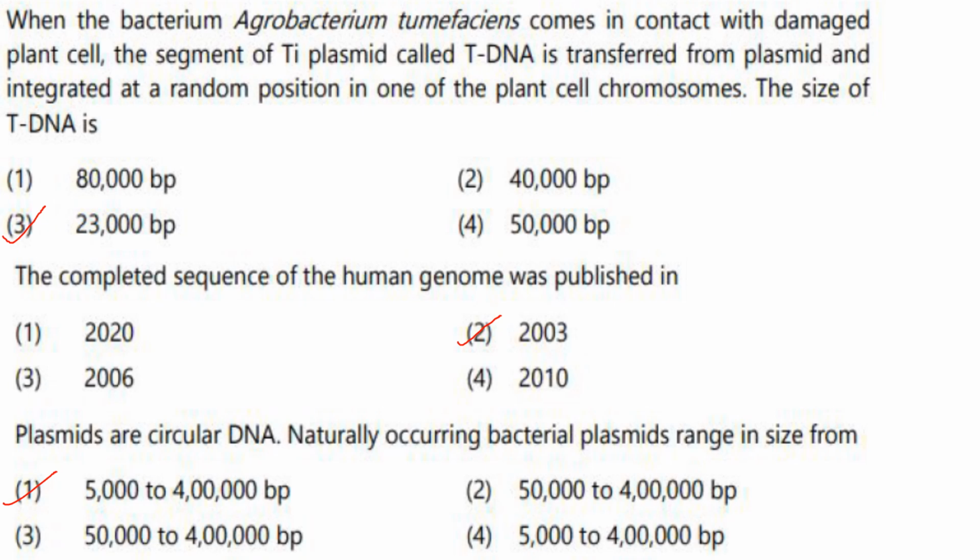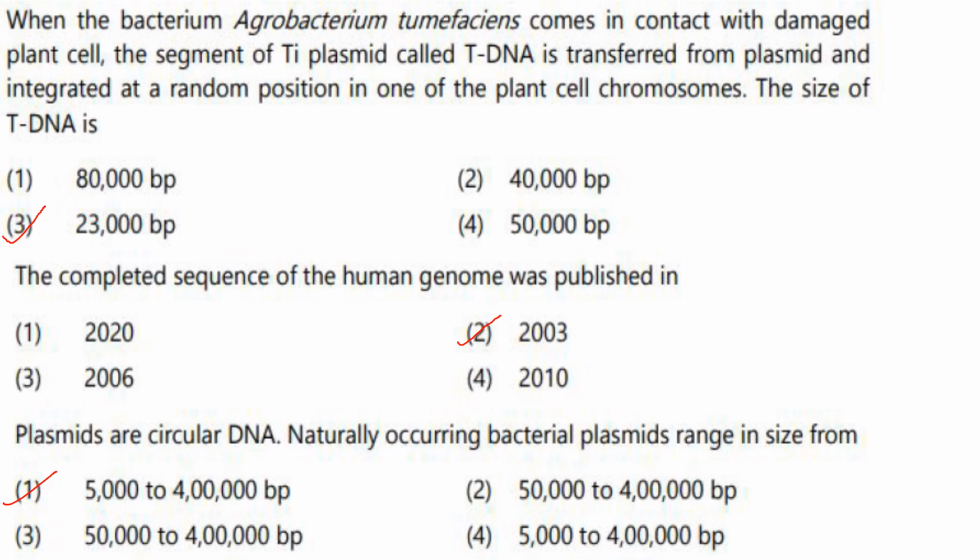Then next one. When the bacterium Agrobacterium tumefaciens comes in contact with a damaged plant cell, the segment of Ti plasmid called tDNA is transferred from the plasmid and integrated at a random position in one of the plant cell chromosomes. Agrobacterium tumefaciens is a natural genetic engineer.